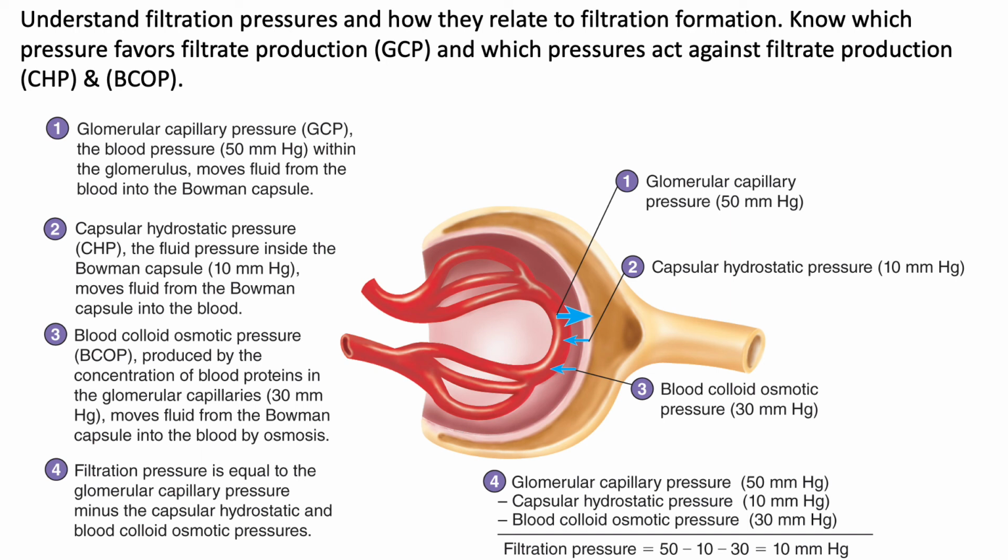So if blood pressure drops dramatically, filtrate production within the kidney will quickly cease. So have an understanding of those pressures and how they work and what the consequence would be if some of those pressures were to change.